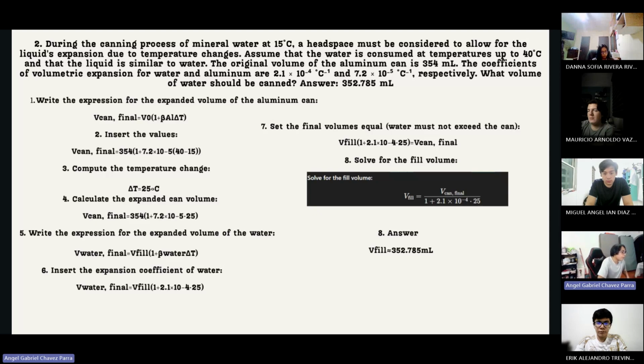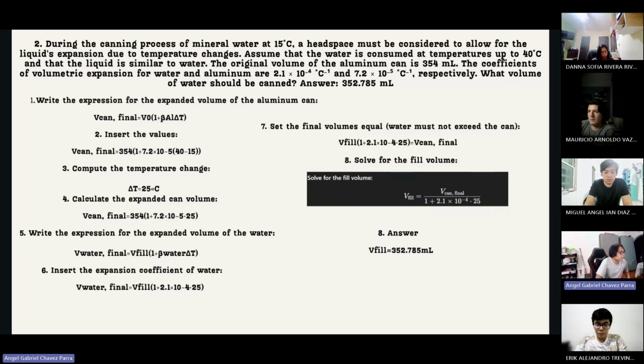Compute the temperature change: delta T equals 25. 4. Calculate the expanded can volume: V can final equals 354 times 1 plus 7.2 times 10 to the minus 5 times 25.